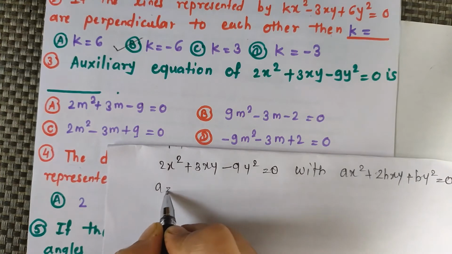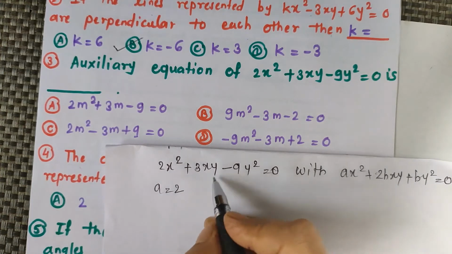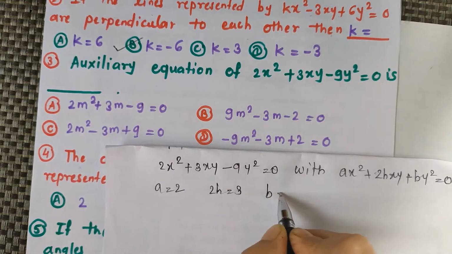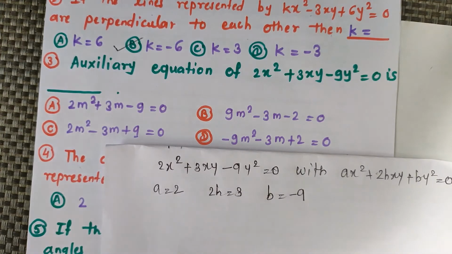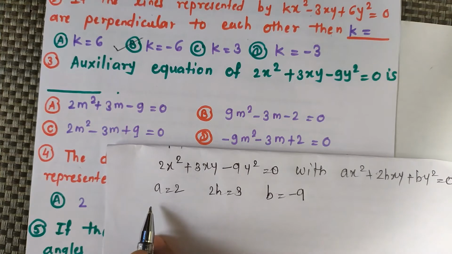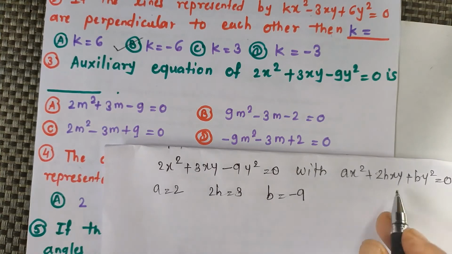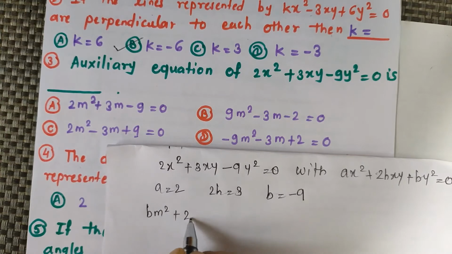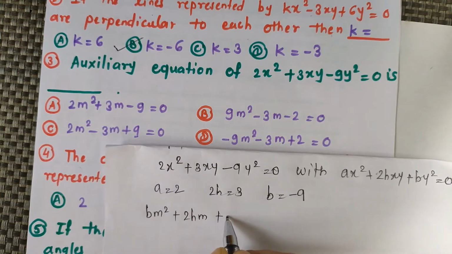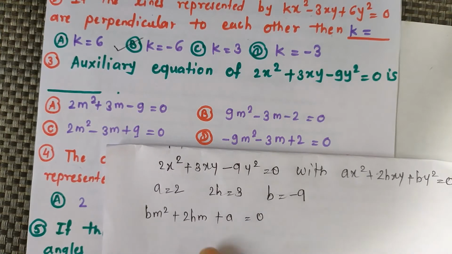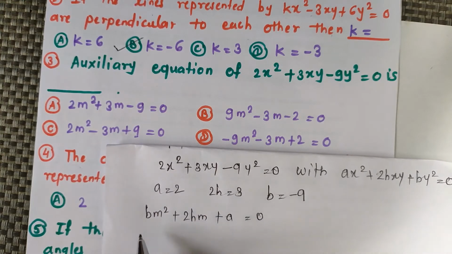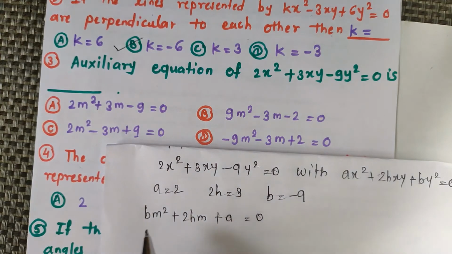Then we get a is equal to 2, 2h is equal to 3 and b is equal to minus 9. And our auxiliary equation of the homogeneous equation is bm square plus 2hm plus a is equal to 0. Now substituting the values of a, b and h, we get the auxiliary equation of the given equation.